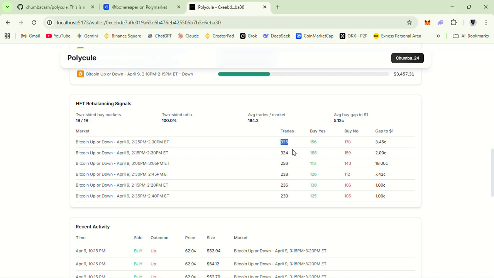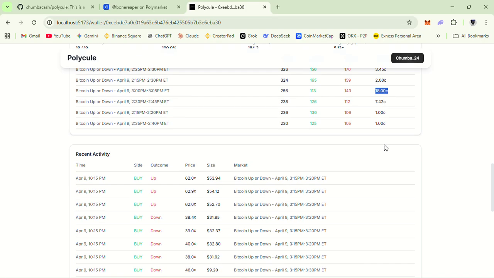This person made almost 326 trades, buying 156 on the yes side and 170 on the no side. This just averages at the top, but this is the actual. In this market, he made at least an 18% return, which is quite good.